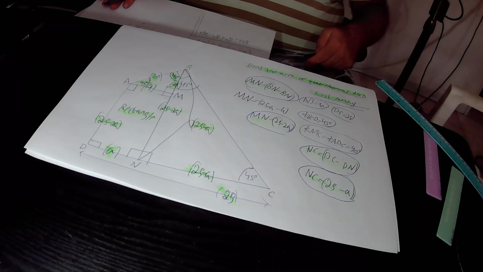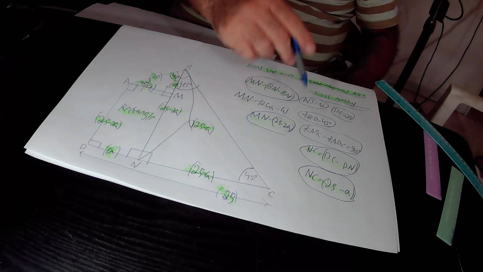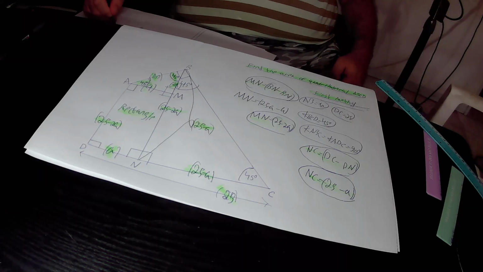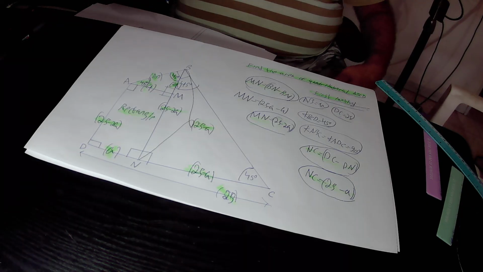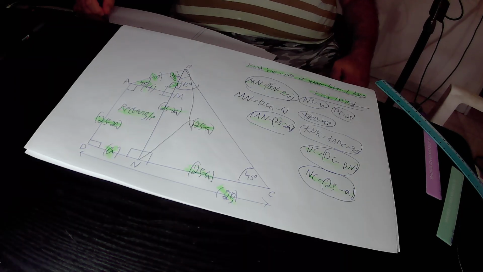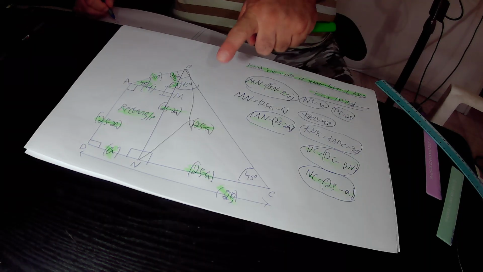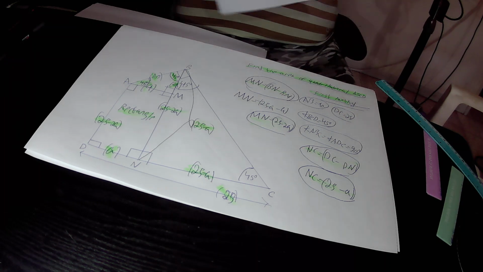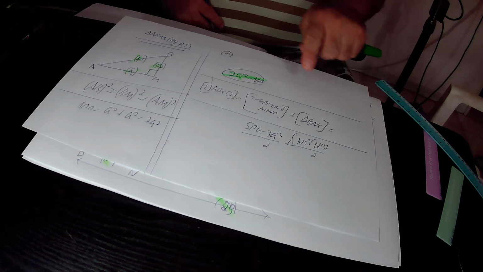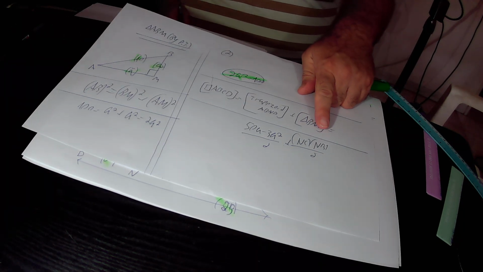This is the right triangle BNC. The area of the right triangle BNC equals the base NC times the height NB over 2.